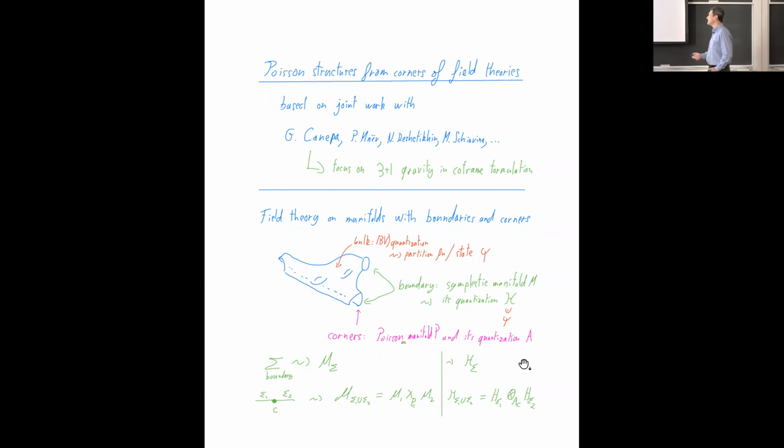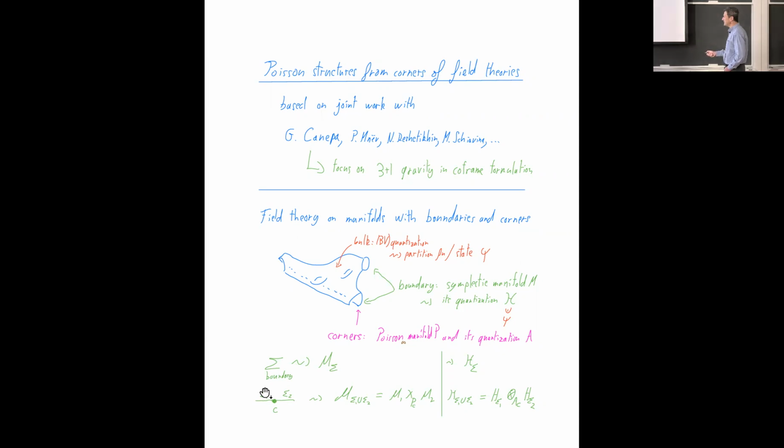At the classical level, instead of a vector space, you expect to associate some symplectic manifold to the boundaries. And what you expect to associate to the corner is something like a Poisson algebra. So you should think of the symplectic manifold of the boundary as some sort of symplectic realization for the Poisson manifold associated to the corner.